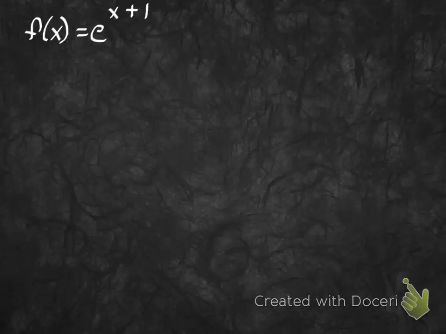So if I give you f of x equals e to the x plus 1 minus 7. Or actually, let's just start off with just x plus 1.